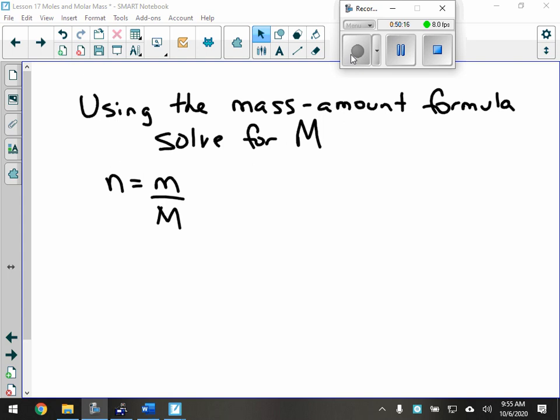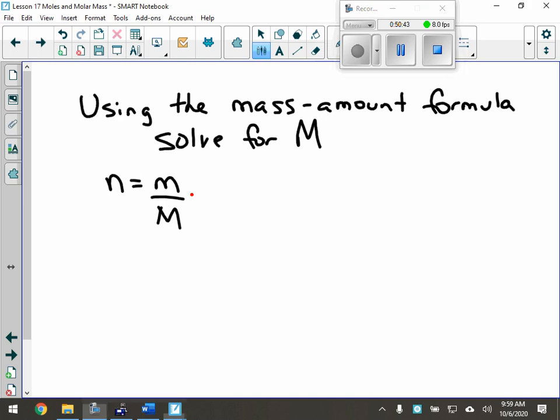Big M. Go. Okay, this is not uncommon, but we do need to know how to solve for variables, yes? Whatever you want to do, usually the first step is let's get stuff to the top. Let's get rid of fractions and stuff like that. It's not necessarily the first step, but you've got to start somewhere. We're trying to isolate this variable here.